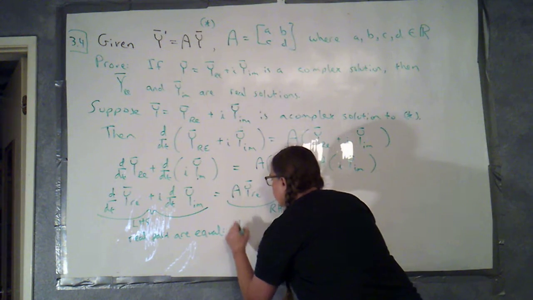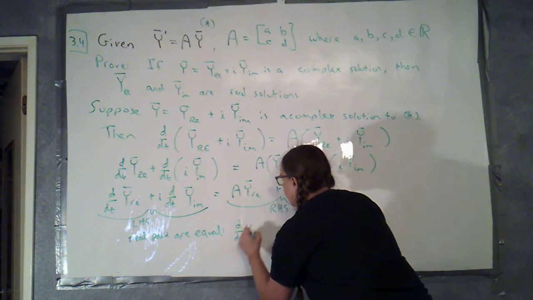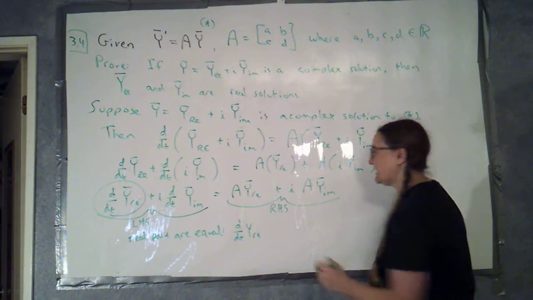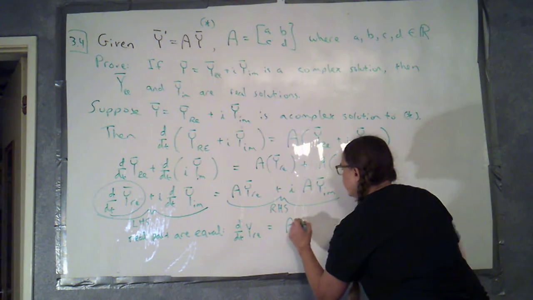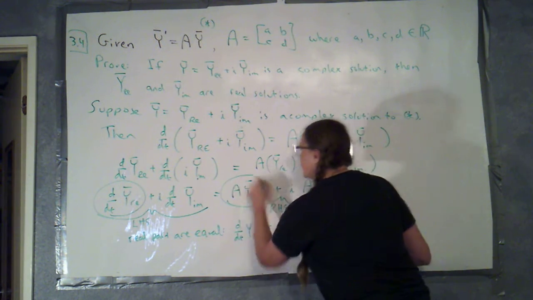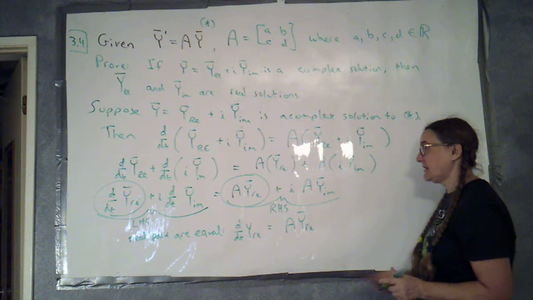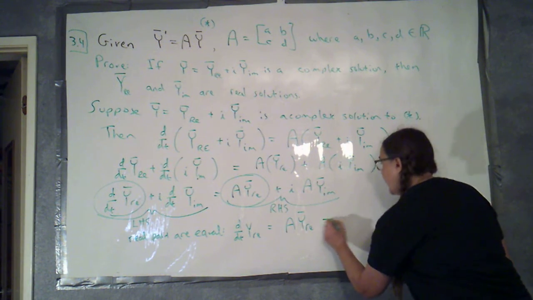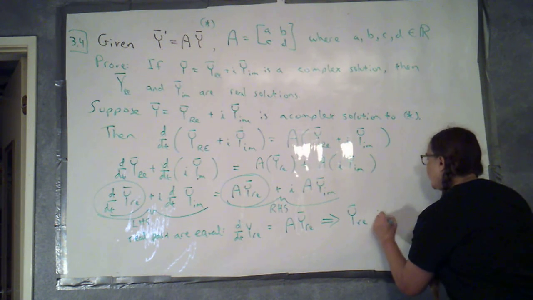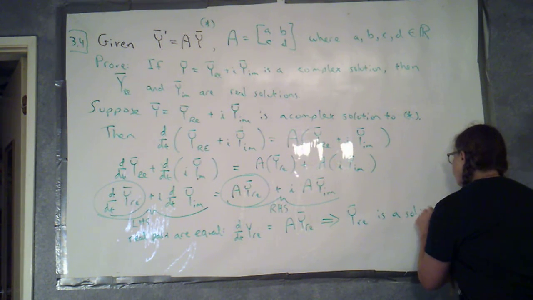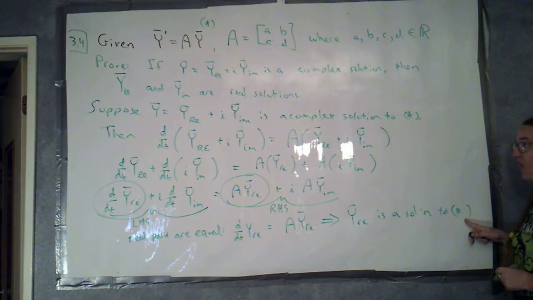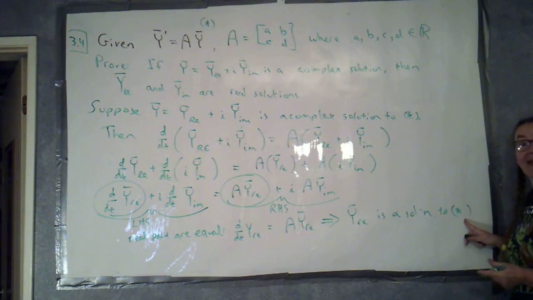That means the derivative of the real part, because that's the real part of the left-hand side here, must equal A times the real part of y, because that's the real part on the right-hand side. But what does this equation say? That says that the real part of y is a solution to my differential equation star. That's exactly what that means.